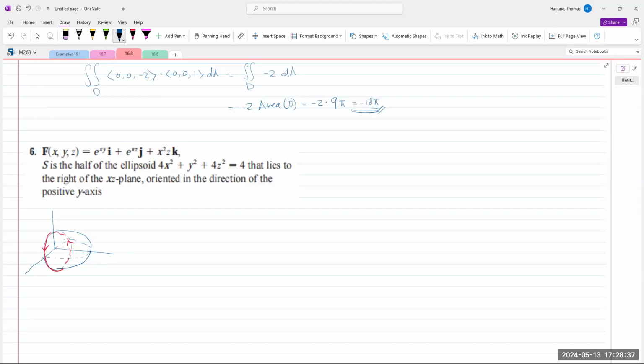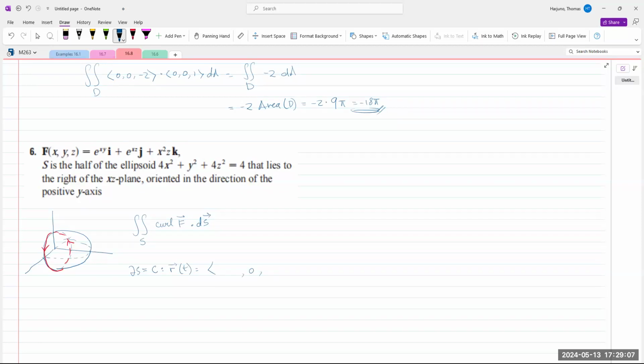Suppose we need to compute a double integral over surface S of curl of f dot dS. We want to use the boundary of S. Let's call that C, parameterized by r(t). The y component is 0. The x component is what?